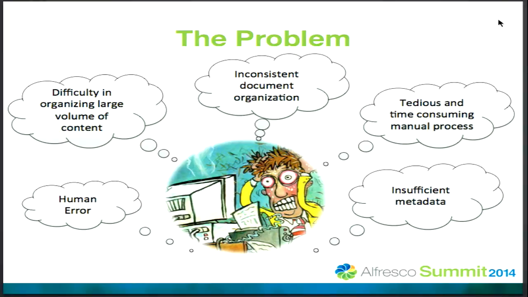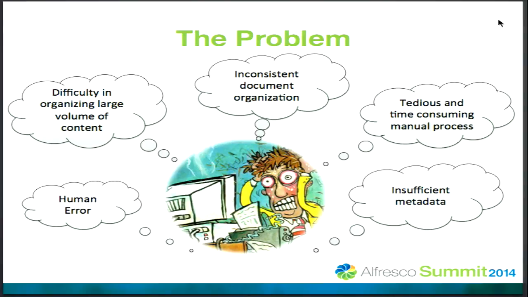So when he is thinking about the problem, he realized that there are more than 100 employees working under him, and everyone is participating in metadata creation. So he sees a problem in this manual metadata creation.